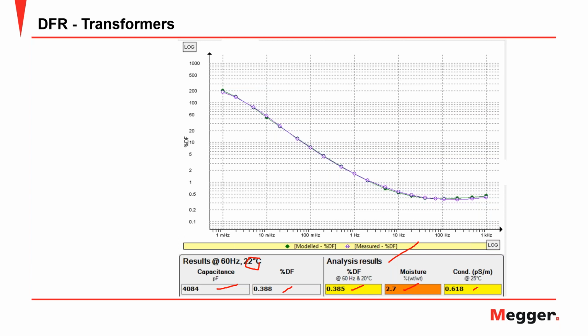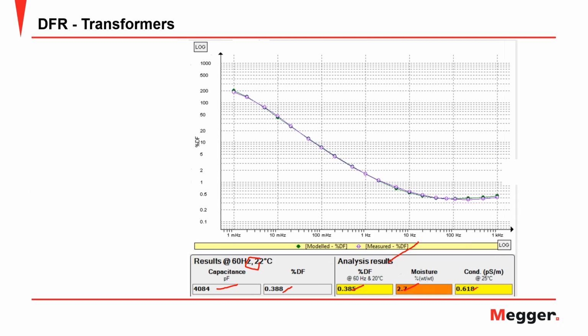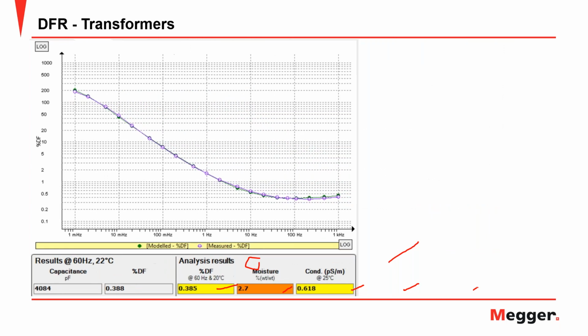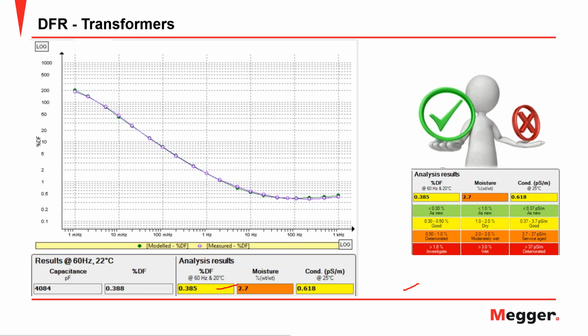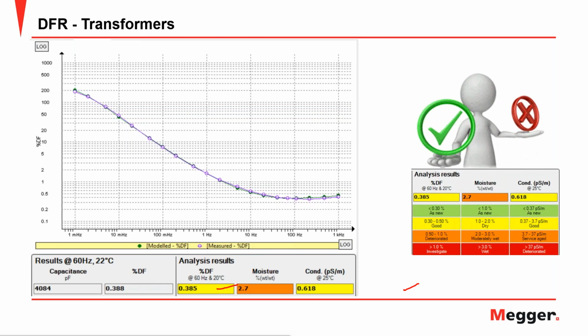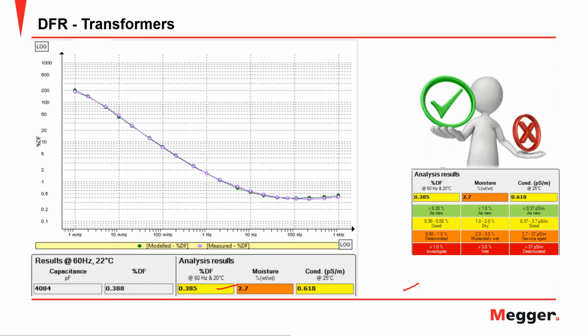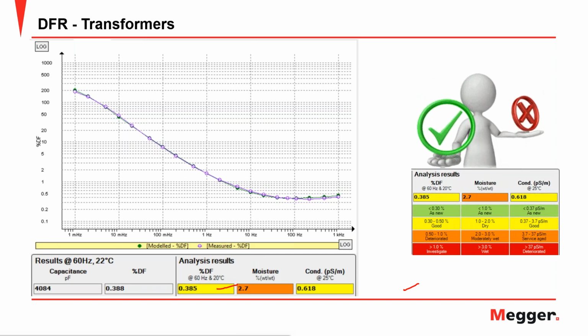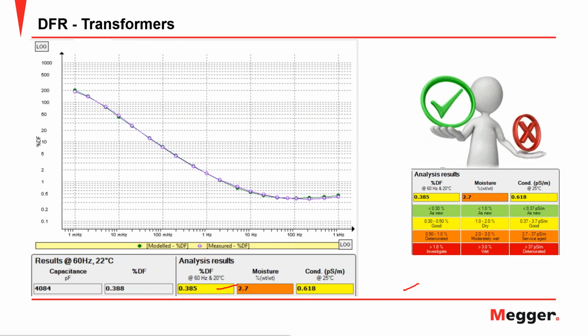So is that good? Is that bad? That's the reason why in our system we have incorporated what we call the traffic light assessment. Based on that, you can determine if you have good results or bad results, right? We have the traffic light looking into as new, good, deteriorated, and something to investigate.